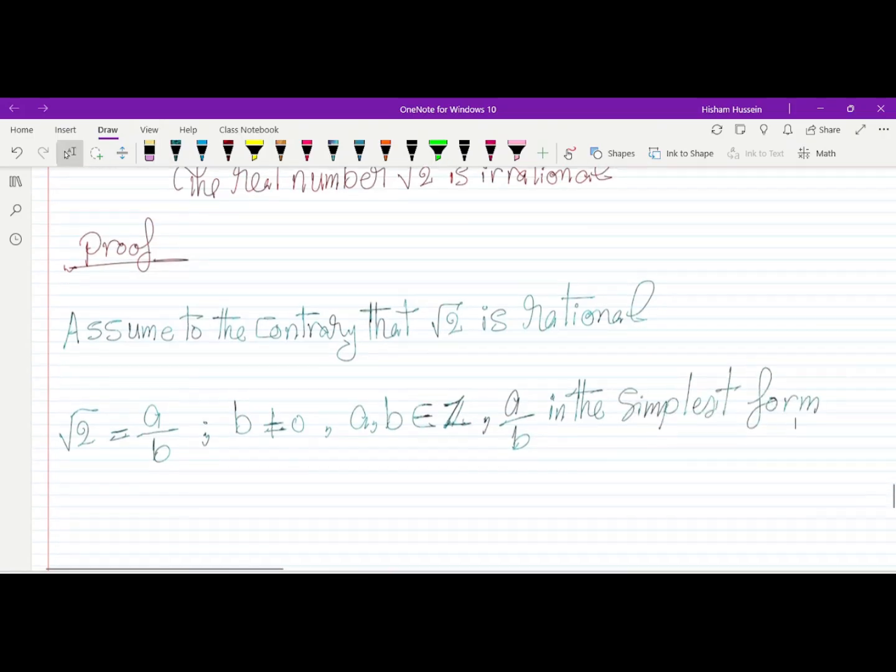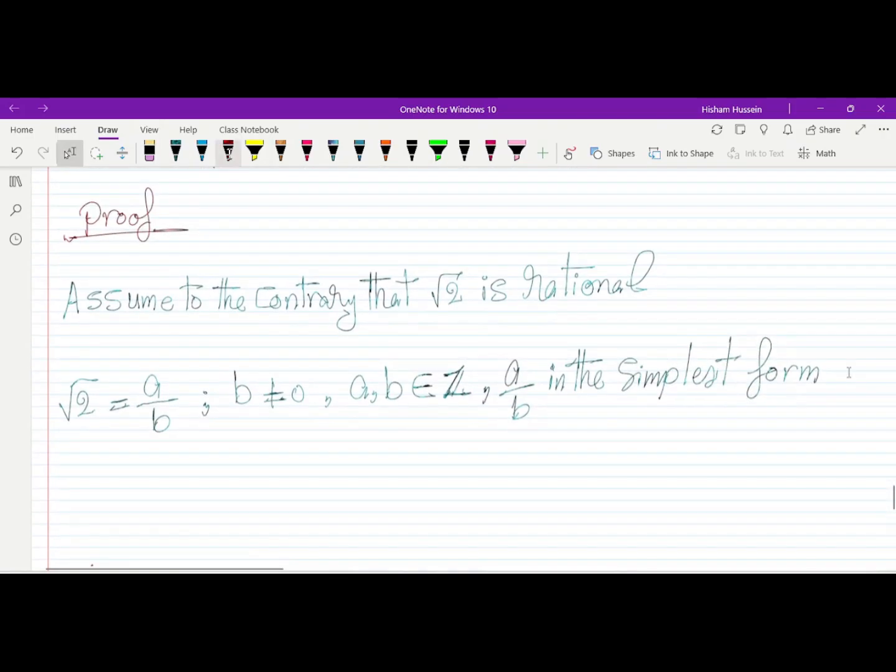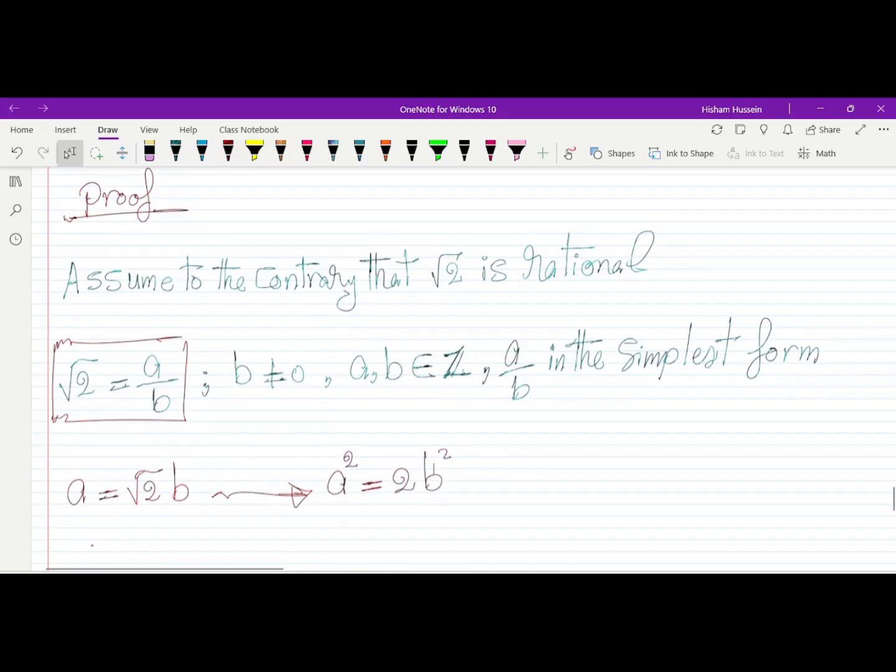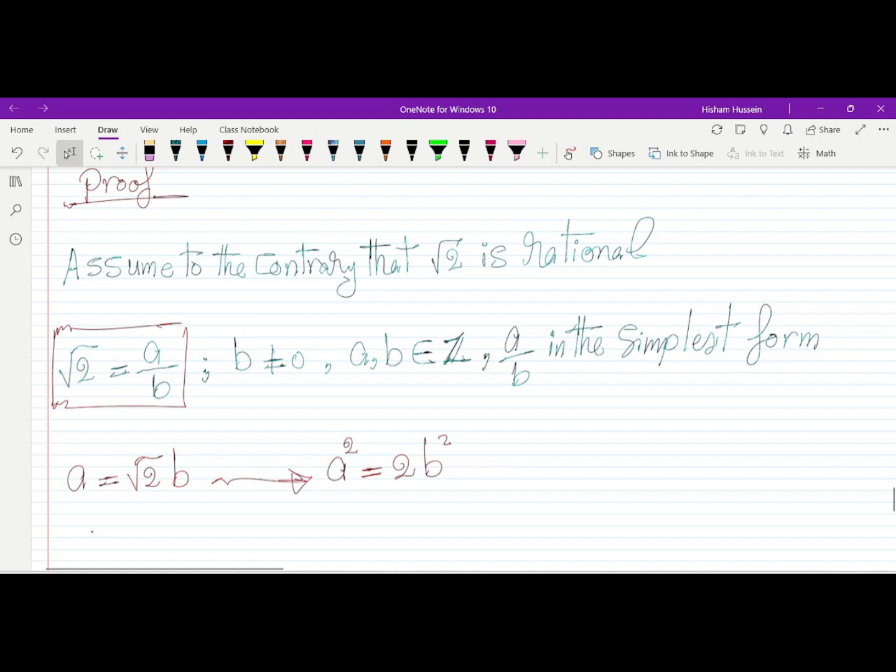Okay, so from this step, as we have root 2 equals a divided by b, we can represent a equals root 2 times b. And by squaring both sides, a square equals 2b square. A square equals 2 times b squared, and b squared is an integer, then a square is even.